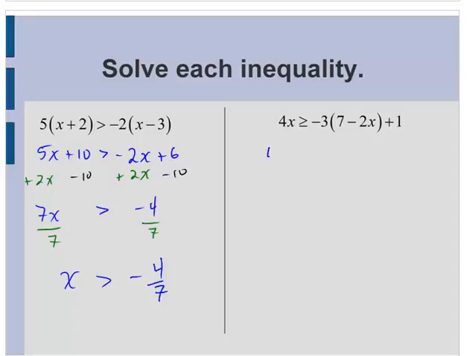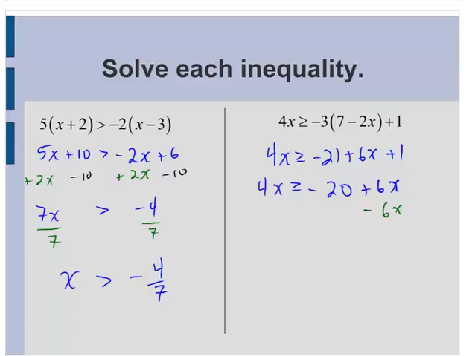Alright, applying the distributive property, I would have 4x is greater than or equal to negative 21 plus 6x plus 1. Combining like terms, negative 21 plus 1 is negative 20. Alright, I see I have variable terms on both sides, but only one constant term.